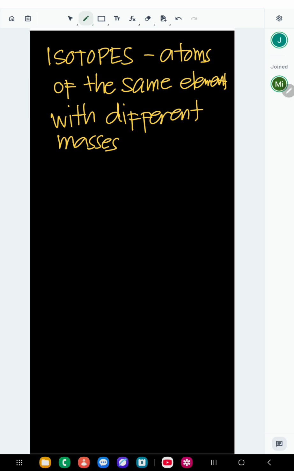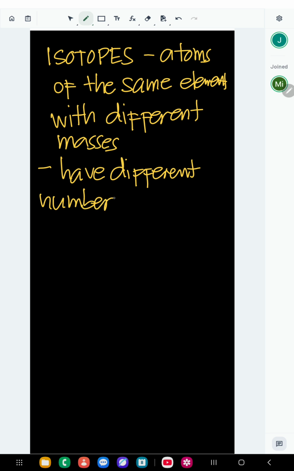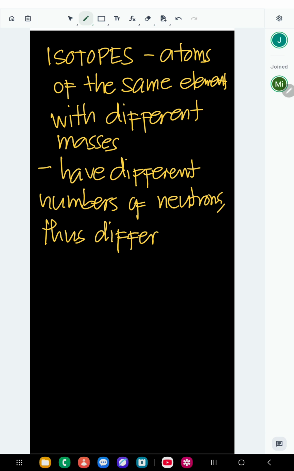Isotopes have different numbers of neutrons, thus different mass numbers.